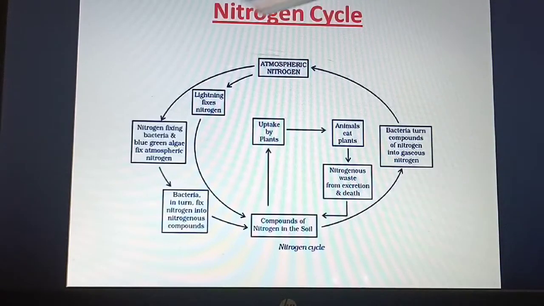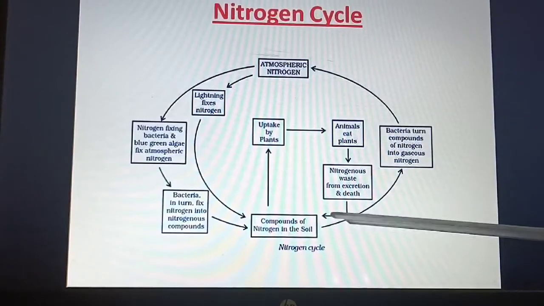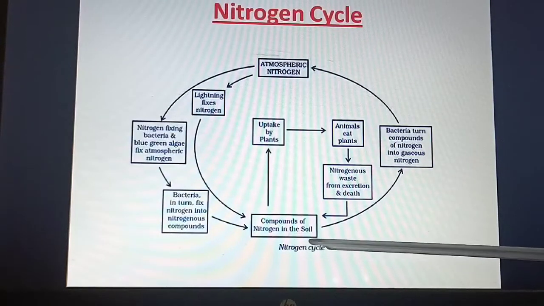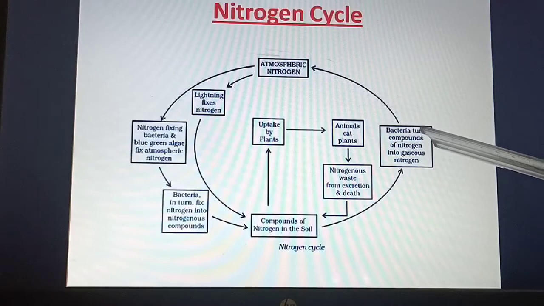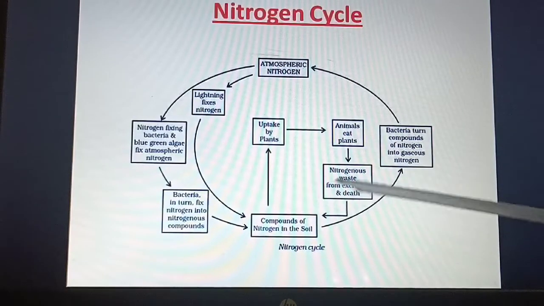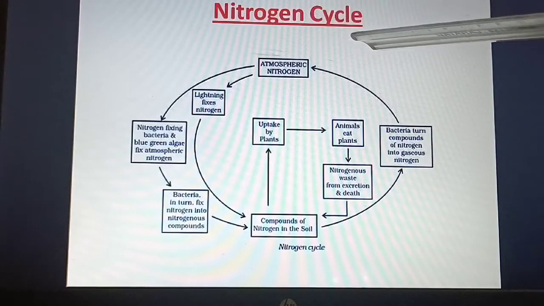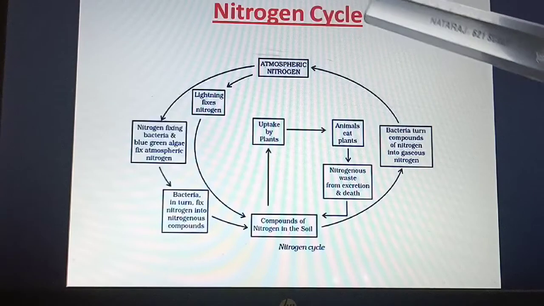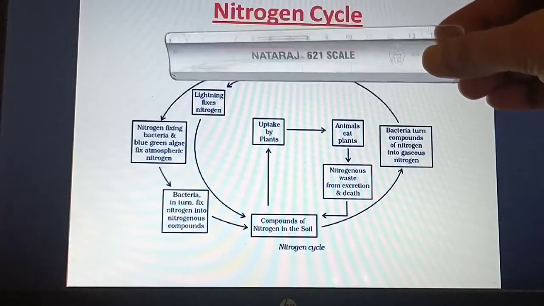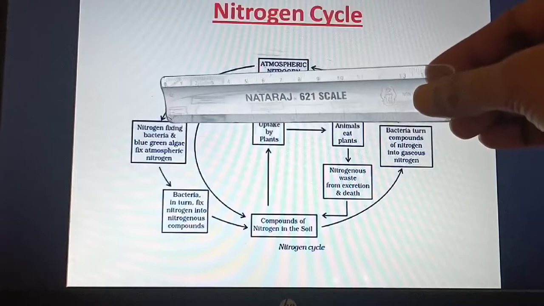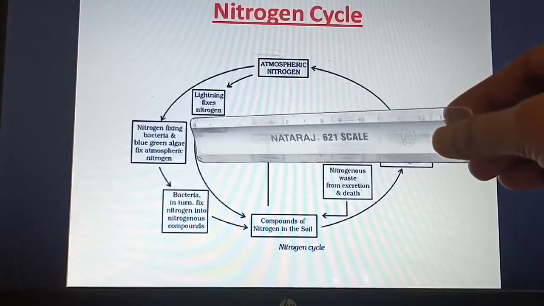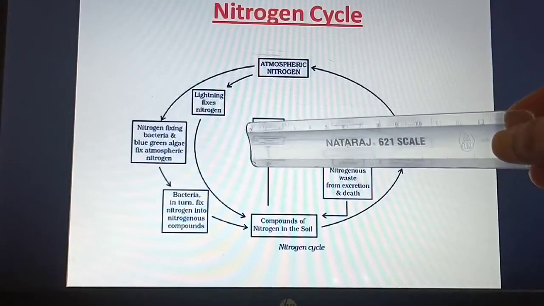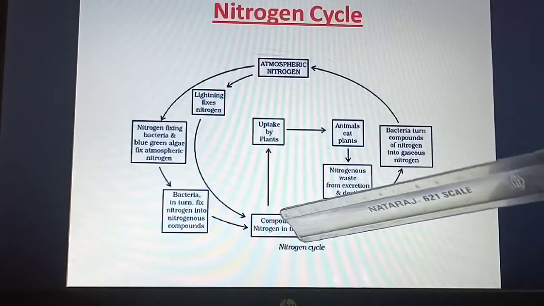So this is one process: the compounds of nitrogen in the soil, bacteria turn them into gaseous nitrogen, it goes to atmospheric nitrogen, then nitrogen fixing bacteria and blue-green algae fix the atmospheric nitrogen, and the bacteria convert it into nitrogenous compounds, which again go to the soil.